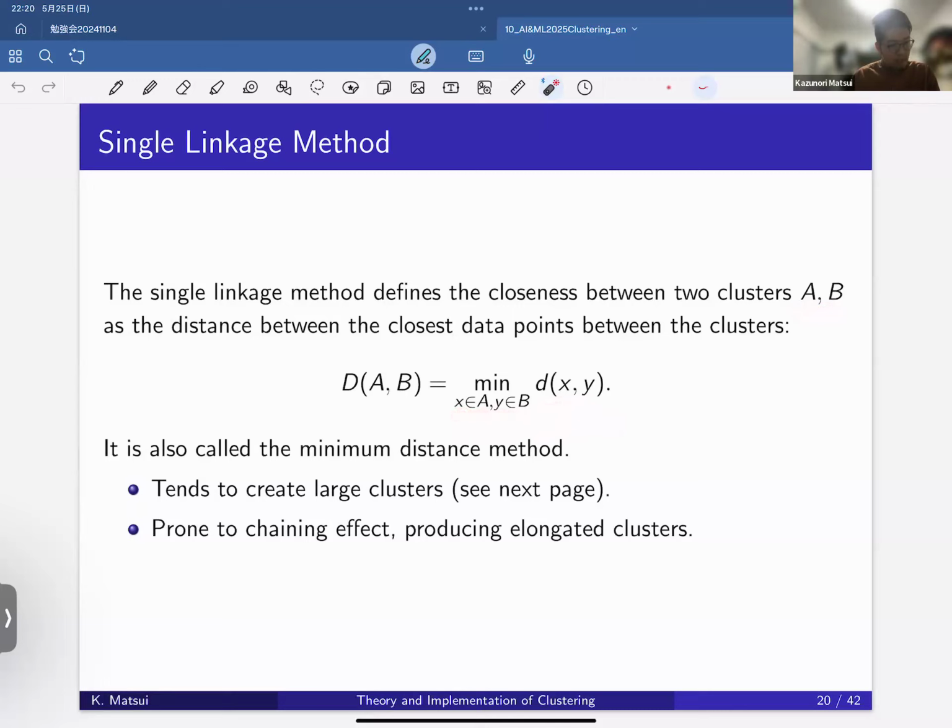This is the single linkage method. Since it uses the closest distance, it is also called the minimal distance method. This is easy to understand, but it tends to create large clusters. And there is also an effect called the chain effect, which tends to produce elongated clusters.